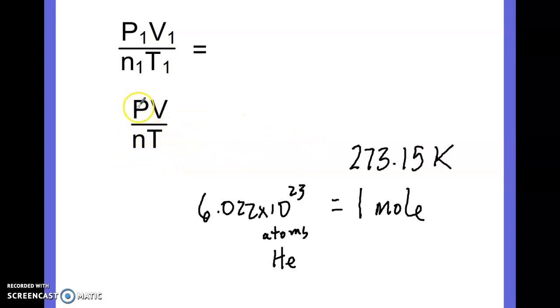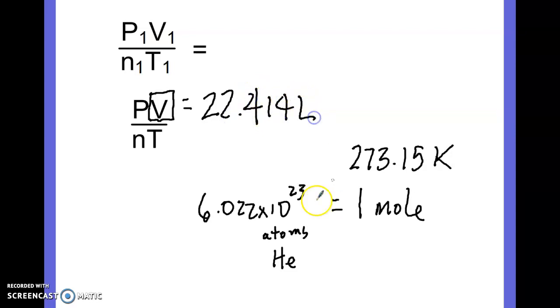Now, at standard pressure, temperature, and moles, it turns out that every gas, no matter what, has the same volume at all these standards. And so we can actually get the standard volume as well. The standard volume is 22.414 liters. Any gas at standard pressure, 1 mole, at 0 degrees Celsius has this volume.